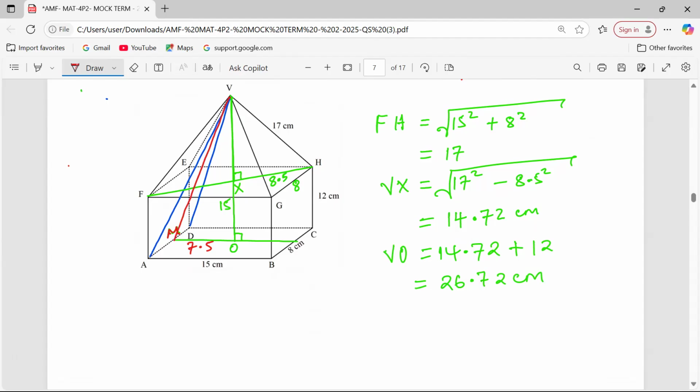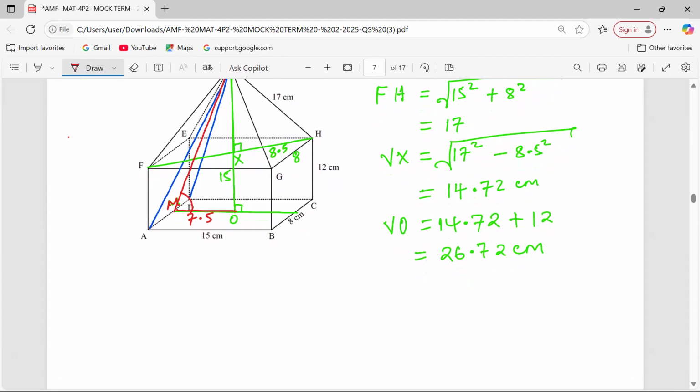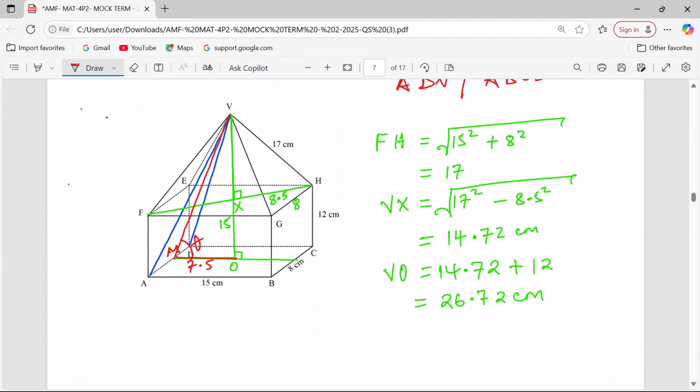I draw a line through the first plane, that is line VM, and also MO. So the angle at M, VMO according to my labeling, is the angle we need. We can call it theta.